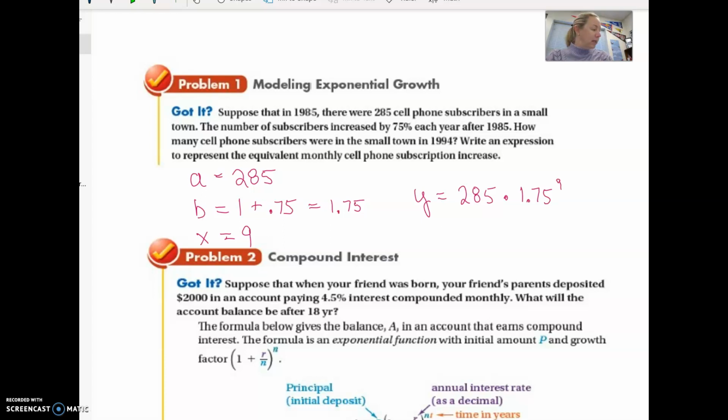So we would get approximately, when you plug that all in your calculator, 43,872 subscribers. All right. Again, that's just an example to show that exponential growth.